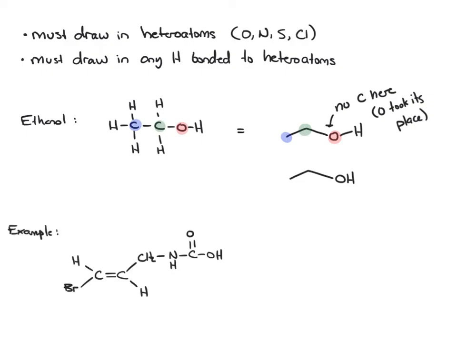Now let's convert this structure into a fully skeletal structure. And just to get an idea of what your zigzag chain is going to be, you're really kind of going from one end to the other. The longest chain you can draw. Let's even give these atoms letters.